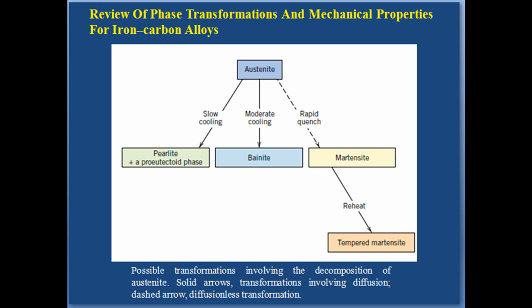In contrast to pearlitic steels, the strength and hardness of martensite are not thought to be related to microstructure. Rather, these properties are attributed to the effectiveness of the interstitial carbon atoms in hindering dislocation motion and to the relatively few slip systems for the BCT structure.